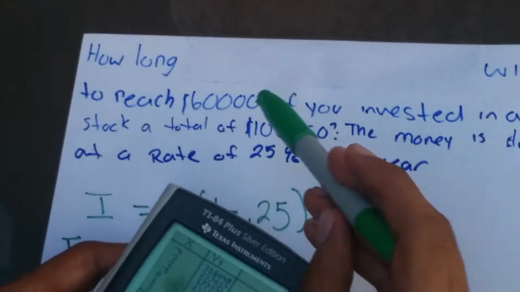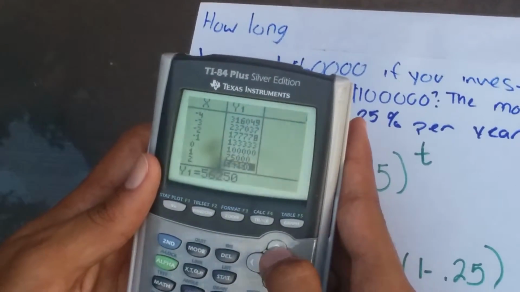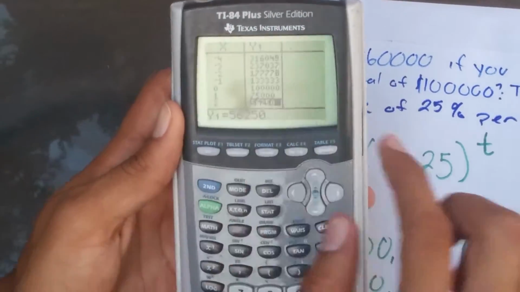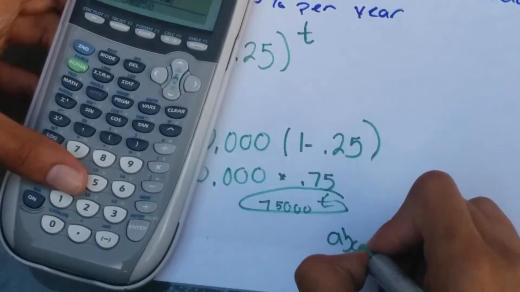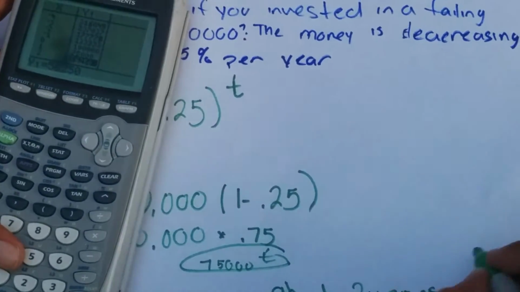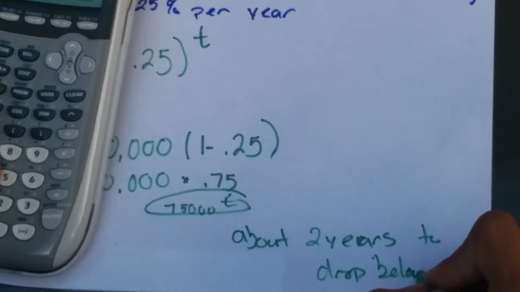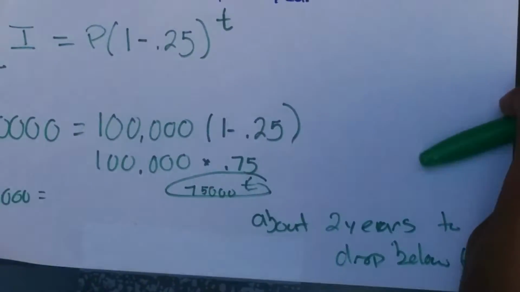And to reach 60K, between the first and second year, it drops from 75 to 56. So it will take about 2 years to drop below 60. Now, to our final problem.